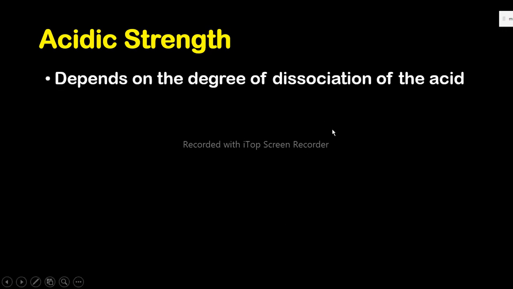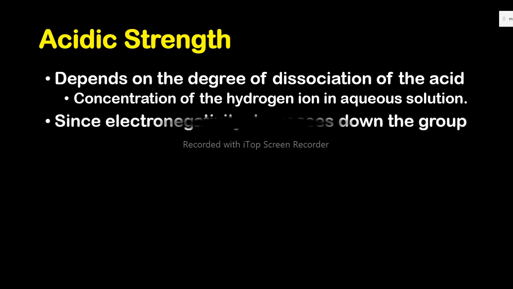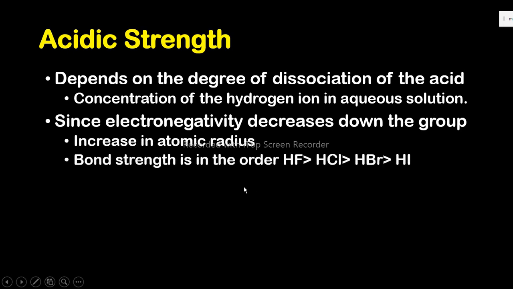Acidic strength depends on how easily an acid dissociates, and so the concentration of hydrogen ions in an aqueous solution. Is that okay? Since the electronegativity decreases down the group, due to the increase in atomic radius, the bond strength of these halogen acids decreases in this order, where this one is the strongest, followed by this, followed by this, followed by this.